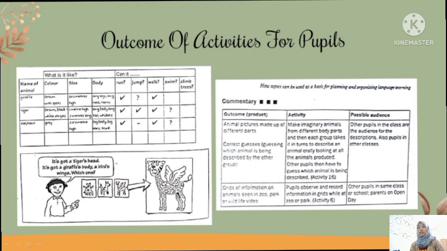For example, giraffe. The color is brown with spots. The size is 2 meters high. The body is long legs, long neck, and horns. It can run. It can walk, but we don't know if it can jump.